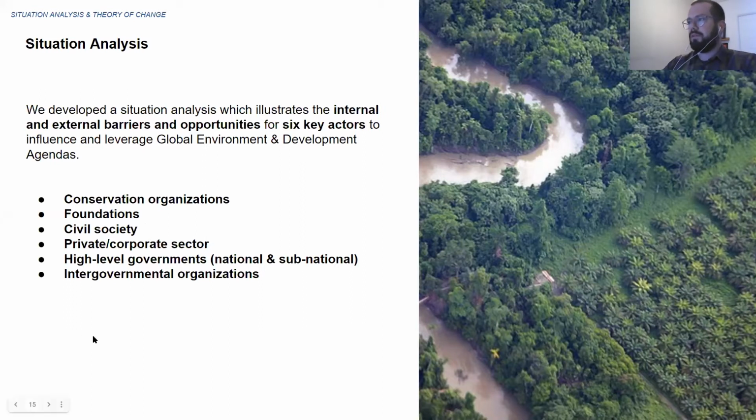The private and corporate sector also have a lot of interaction with civil society through supply and demand for their products and services. Of course, high-level governments decide whether they're going to be parties of those agendas or not. And then international organizations try to bring everybody together to work in a coordinated fashion.